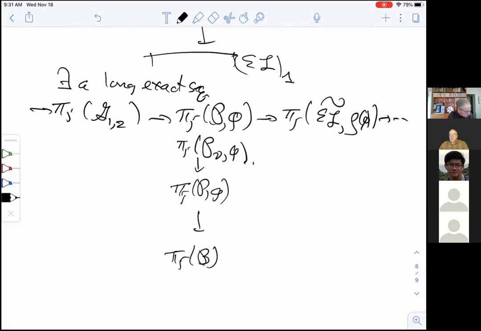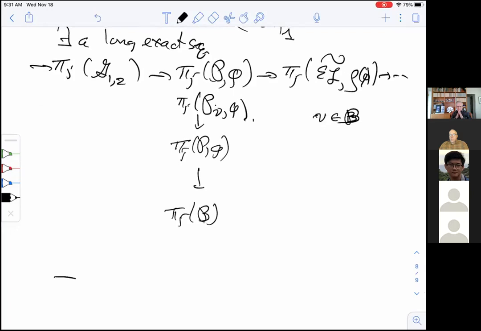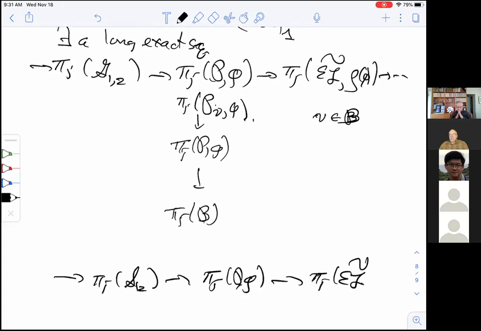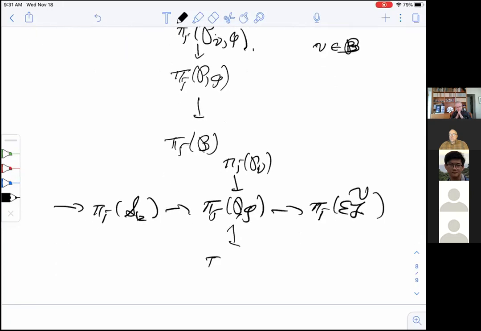So nu is in B, and this is simply the fiber over B. So you have two sequences that cross. You have this horizontal sequence, pi j of G12, pi j of P phi, pi j of EL tilde, and this one is pi j of P nu down to pi j of B, and it continues.